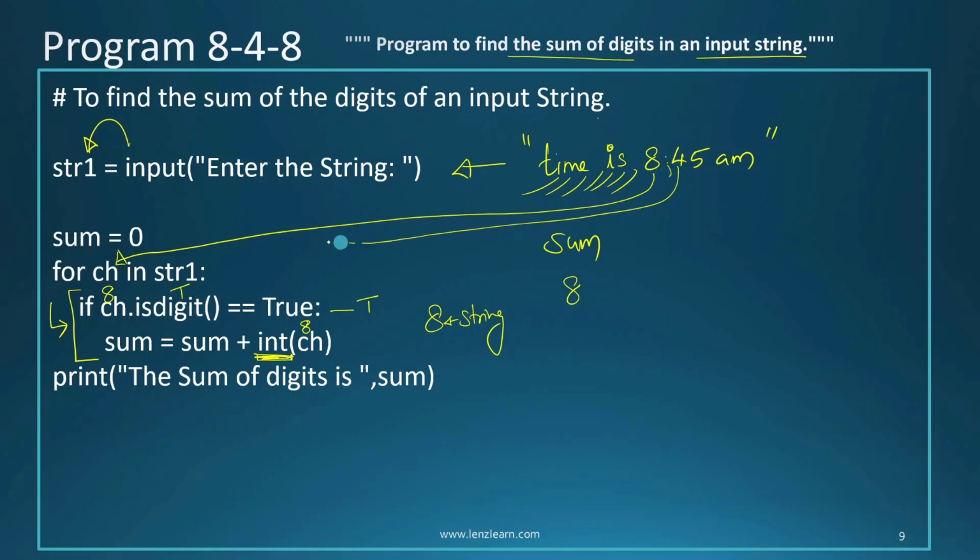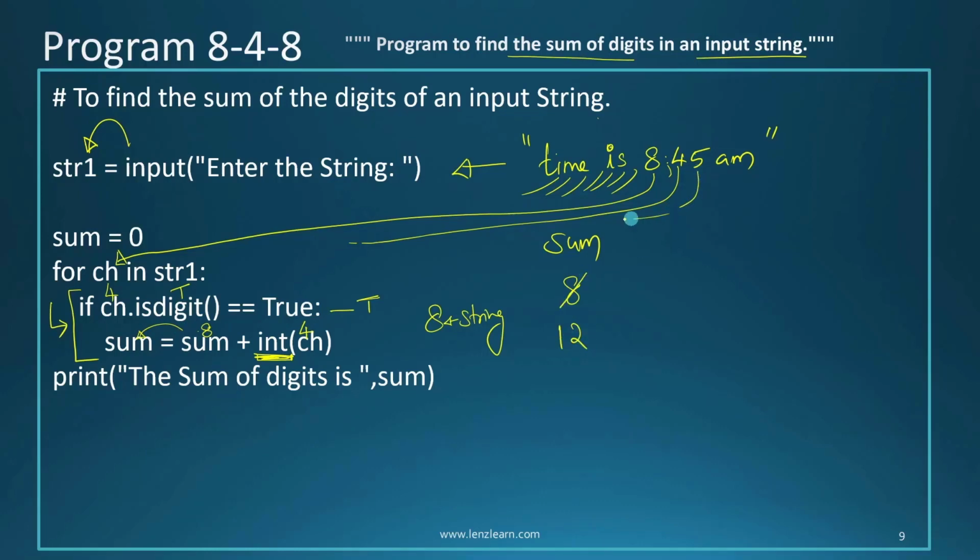After that I will load 4. Next I will check whether 4 is a digit. That is true, so true equal to true is again true, and this entire condition will evaluate to true. Now I will convert 4 to an integer, and sum already has value 8. I will add 4 to 8 and store it into sum, so 12 will be the new value of sum.